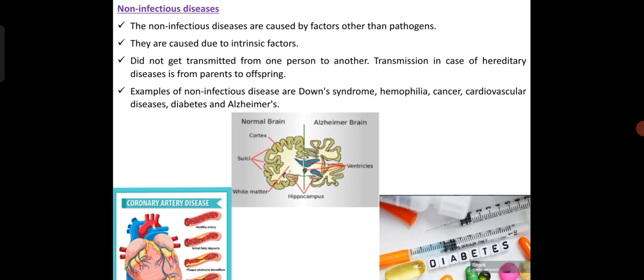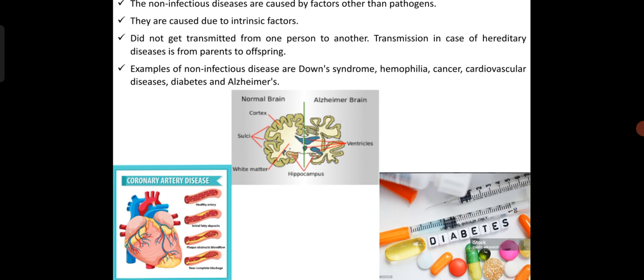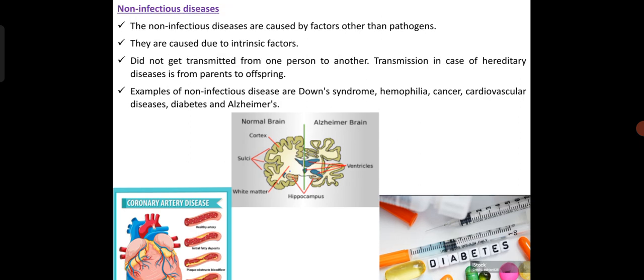They are transmitted from parents to offspring. Now we discuss examples of non-infectious diseases: Down syndrome, hemophilia, cancer, cardiovascular diseases, diabetes, Alzheimer's disease. In this PPT there are some pictures.